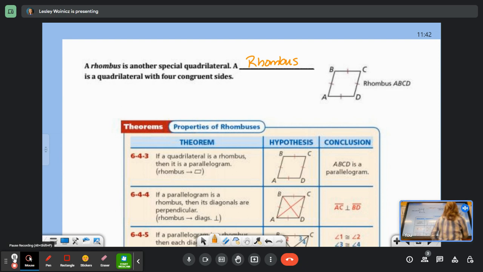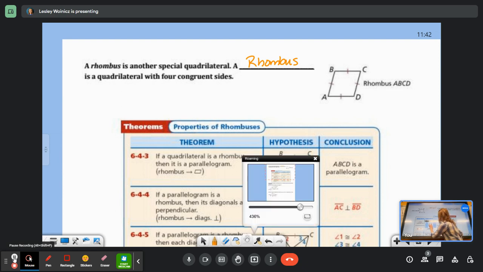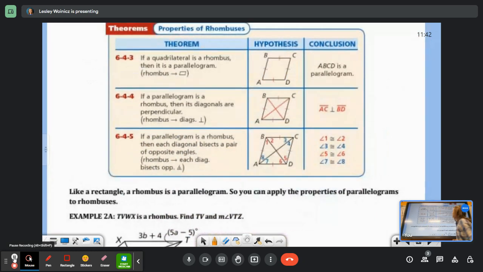So we know that if a quadrilateral is a rhombus, then it is also a parallelogram. If a parallelogram is a rhombus, then its diagonals are perpendicular. If a parallelogram is a rhombus, then each diagonal bisects a pair of opposite angles.